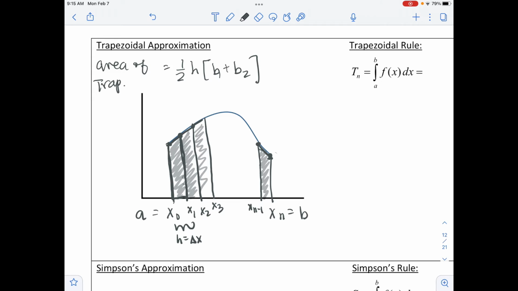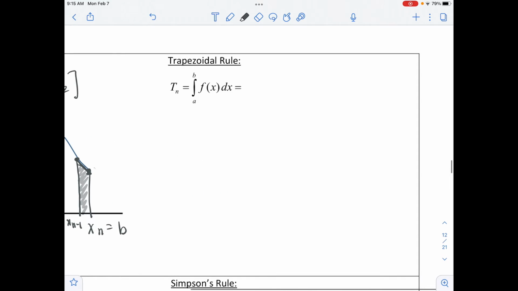And so looking at our formula for the trapezoid rule, notice that T sub n, where n is the number of intervals that we have, is the integral from a to b of f of x dx, which is approximated by a 1/2 in our area, times h, which is our delta x, and then times base 1 plus base 2.